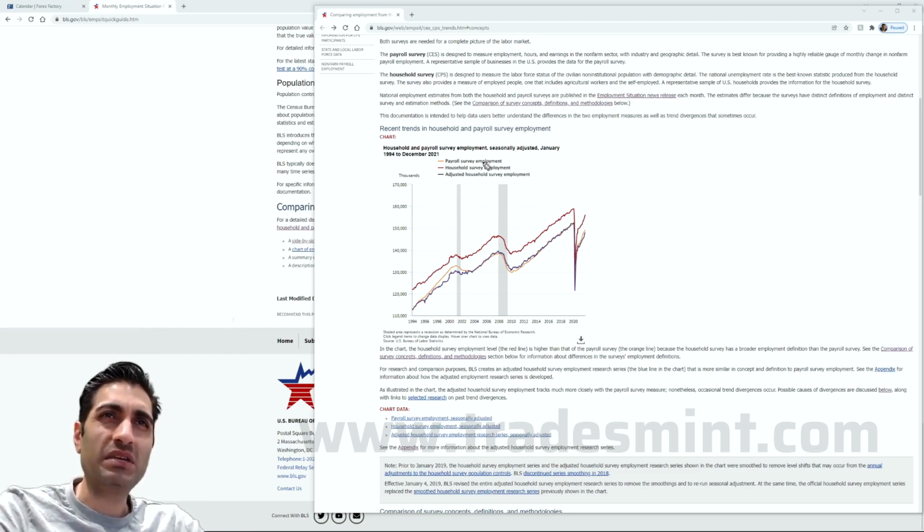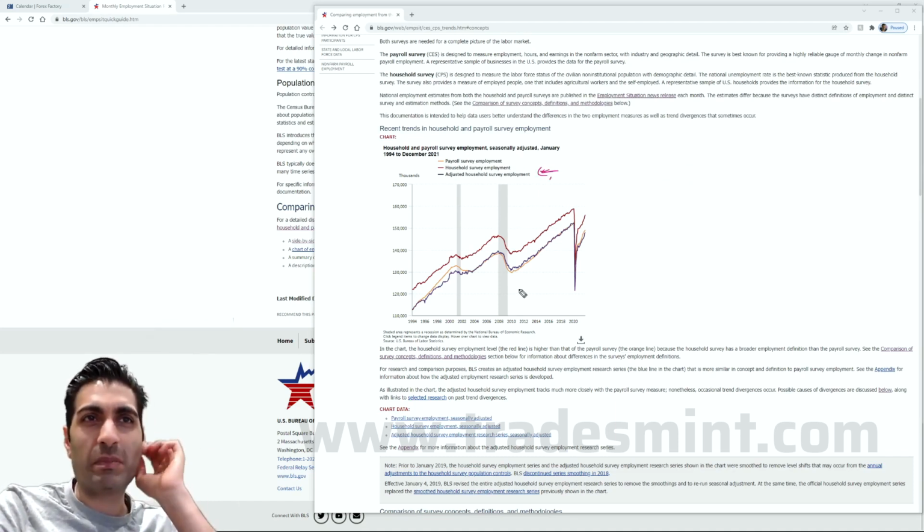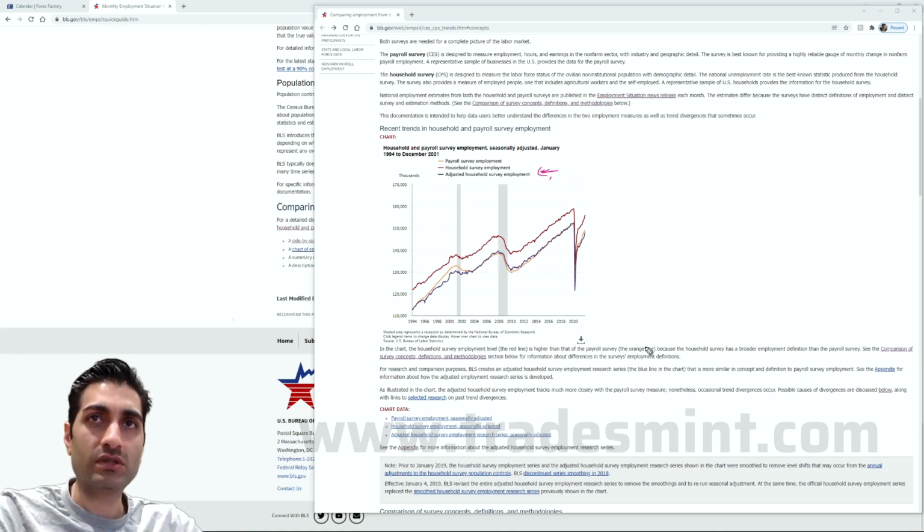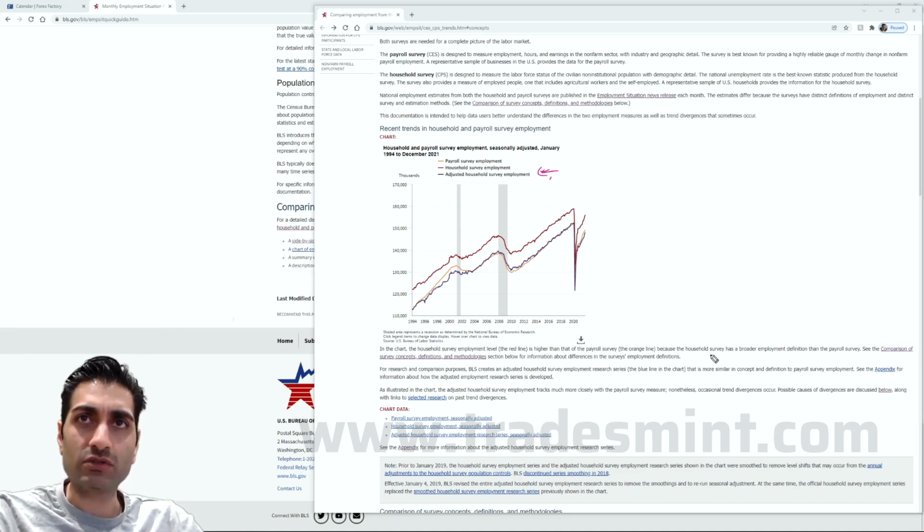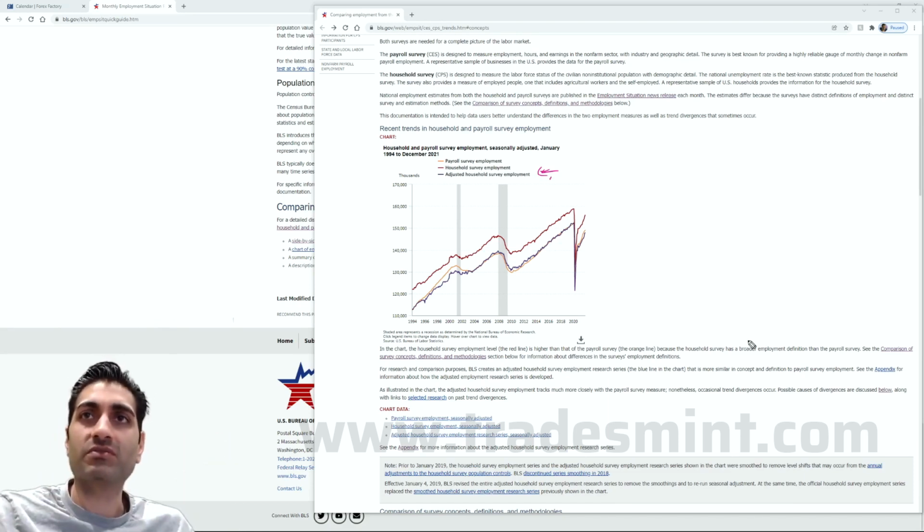And I think the BLS do some work to adjust it. Can you see they adjust it? As in, I think they strip out those extras. So you can see here, it says it's higher because the household survey has a broader employment definition, which we just discussed. And basically, they do some work to strip them out.